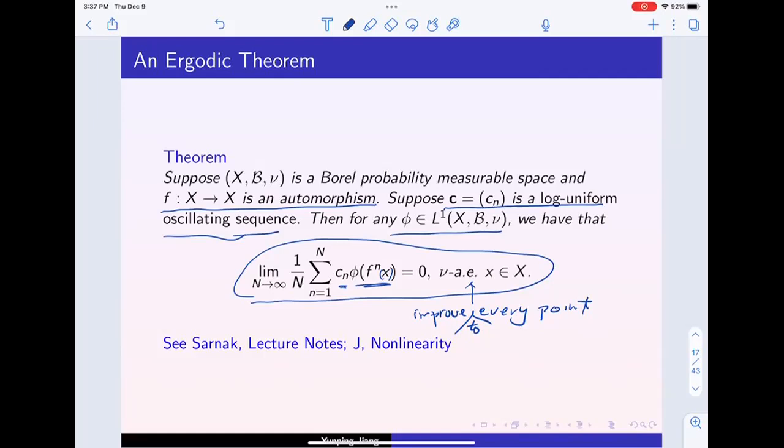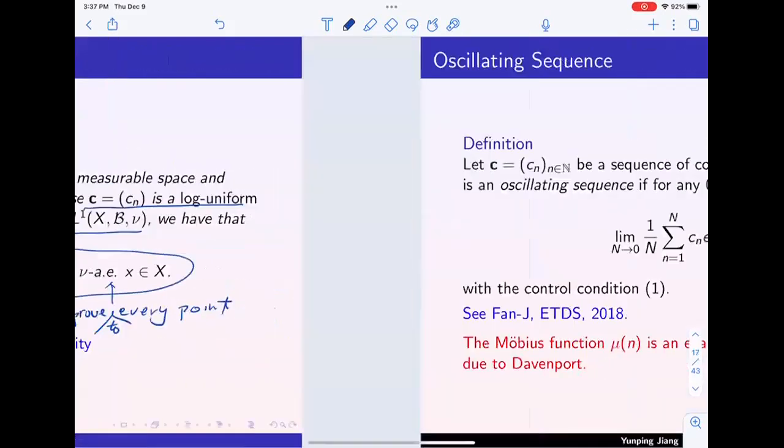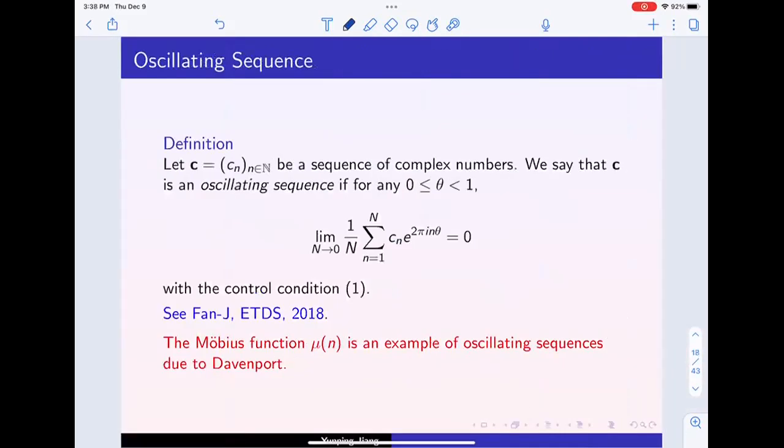So how can we improve to every point? Then you need a more refined definition. So I'm going to show you some other definitions, right? Now we see the oscillating sequence, right? We give a sequence of complex numbers.